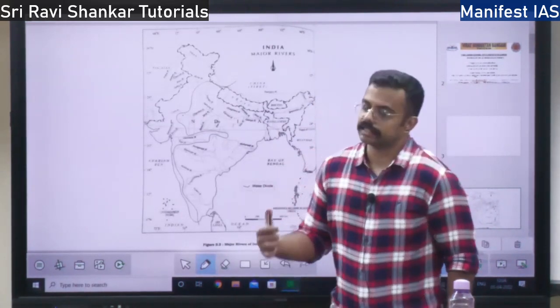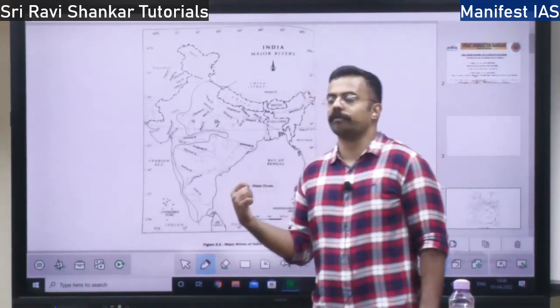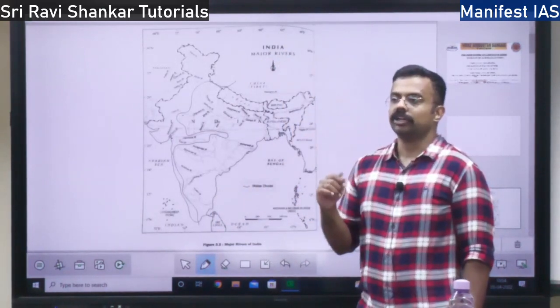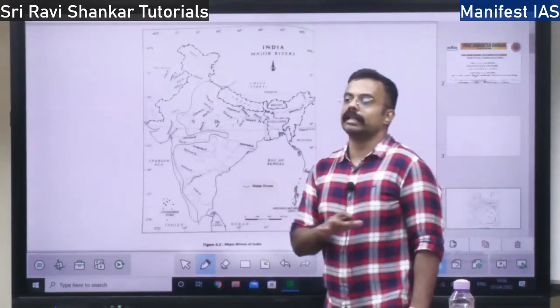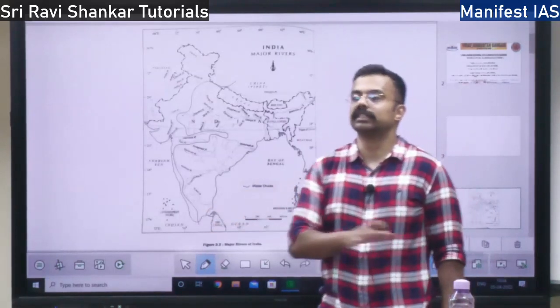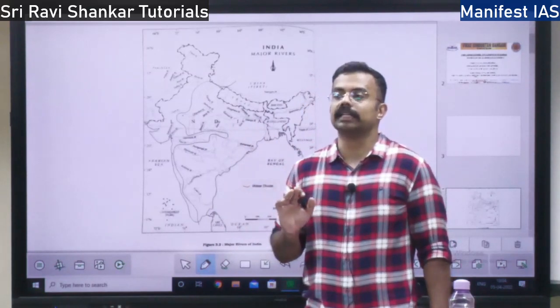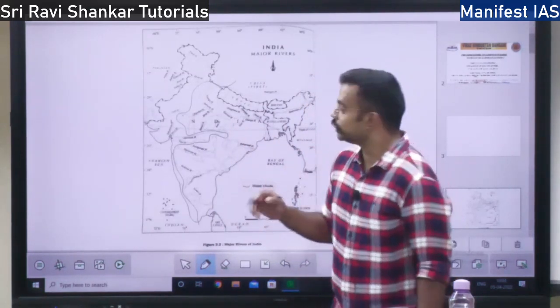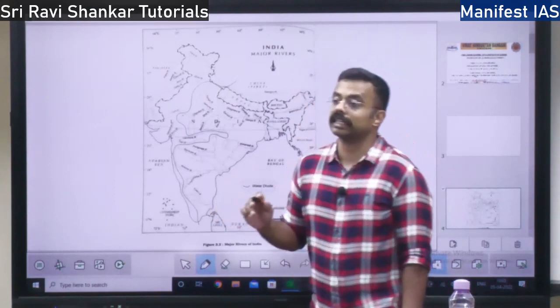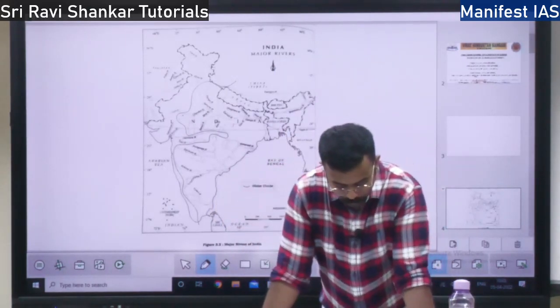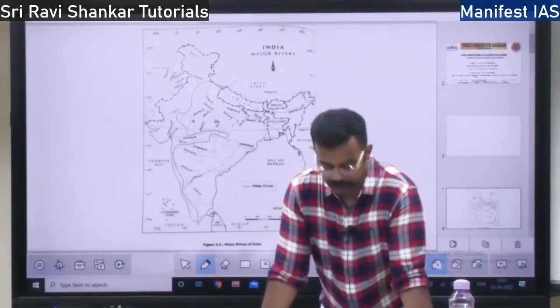This Ganga, which is a meeting of Bhagirathi and Alaknanda, flows over the mountains and then enters the plain region. Where does it enter the plain from the mountains? It enters the plain at Haridwar in Uttarakhand.